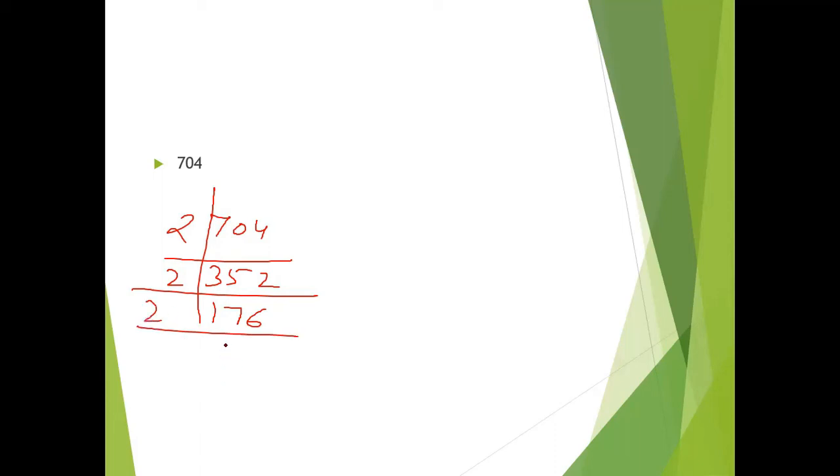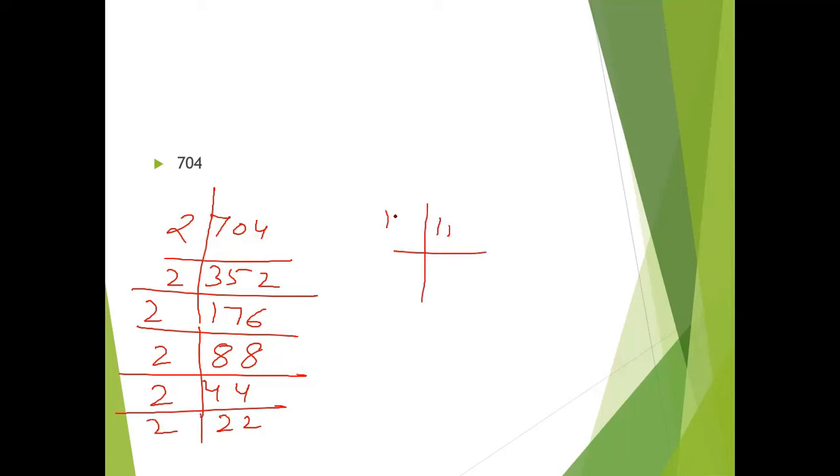Now 704. Again doing its prime factorization: 352, 2 again, 176, 2 again, 88, 2 again, 44, 2 again, 22, 2 again, 11, and 11 is 1. So here we have 2 six times and 11 one time.